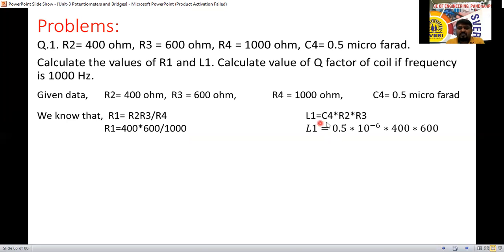Similarly for L1, C4 is given as 0.5 microfarad, that is 0.5 into 10 to the power of minus 6, into R2 equal to 400, into R3 equal to 600. Substitute the values in your calculator and you will get the answer.